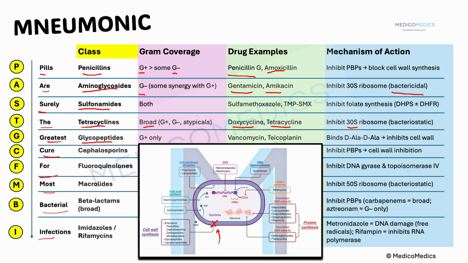And this shuts down construction entirely, leading to cell death. They're only active against gram-positives, though, since their large size keeps them out of gram-negatives. And vancomycin is essential in treating MRSA, or Clostridium difficile.